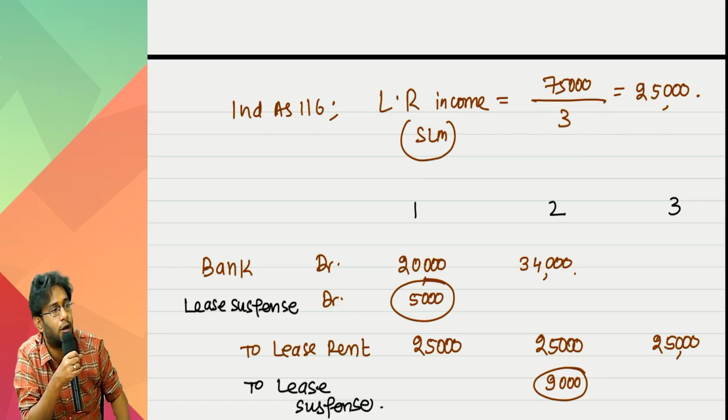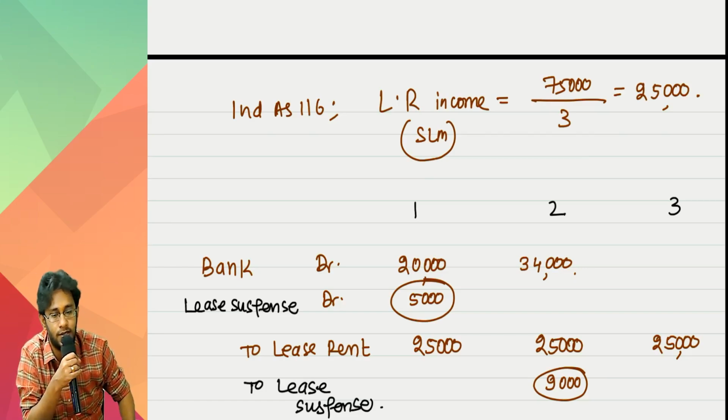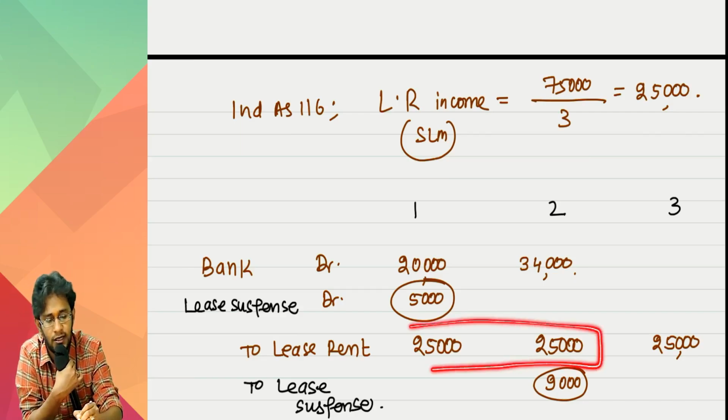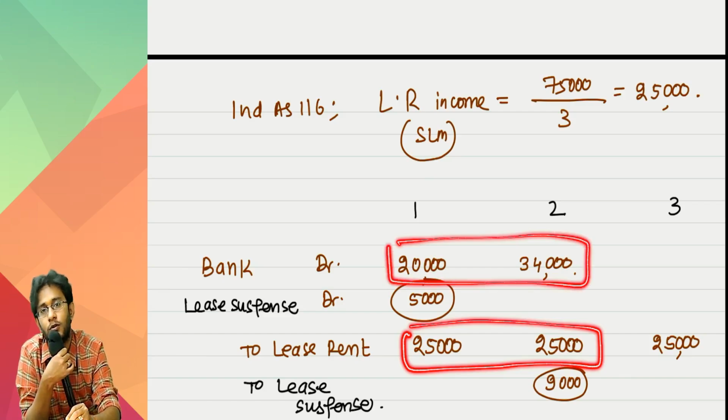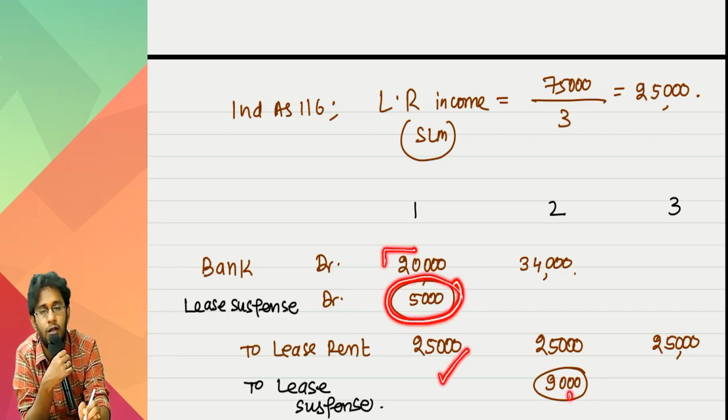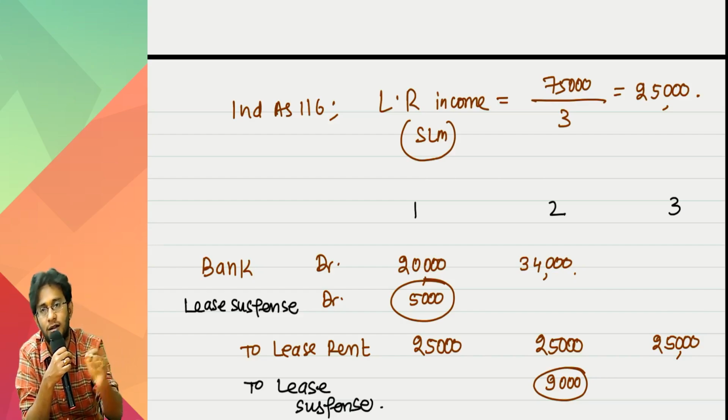Now it has a credit of 4,000. What it means is year 1, year 2 put together, you are recognizing an income of only 50,000, but the amount you received is 54,000. You extra received an amount of 4,000 as a liability. So the liability is sitting under the name of lease suspense account. First year, you had to receive 25, but that fellow paid you only 20. This was an asset. Now there is a 4,000 rupees liability because you extra received.